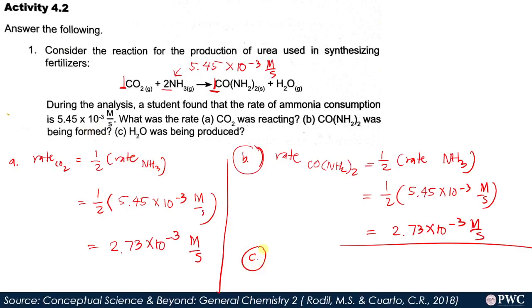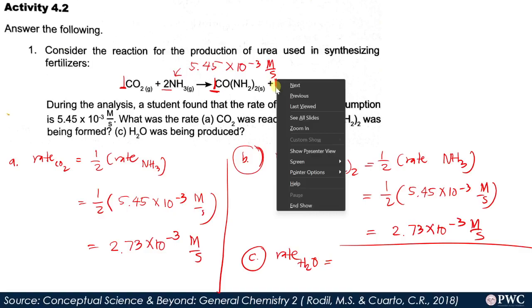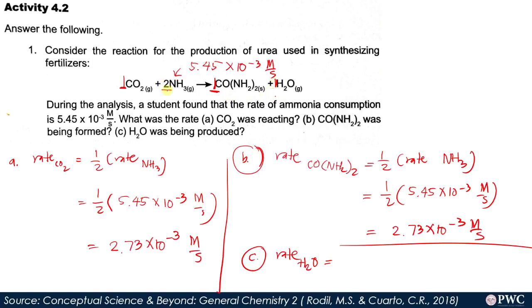Then letter C, the rate of H2O. So the rate of H2O being produced from the reaction. So if you look again here, that's 1/2 the parent, right? So that's 1/2 the rate of NH3, and it's the same thing.